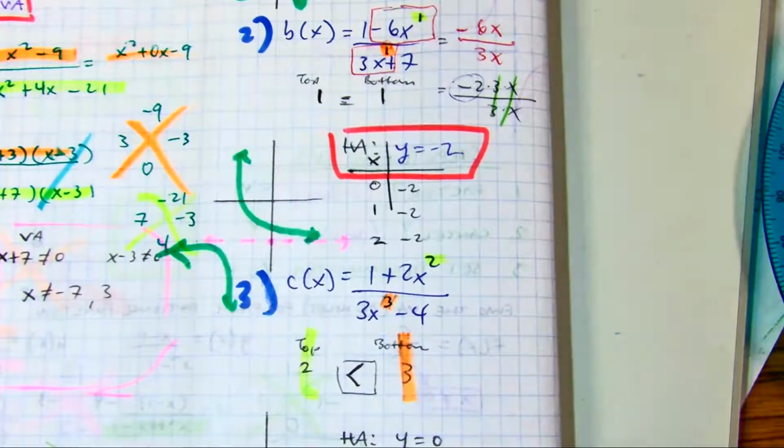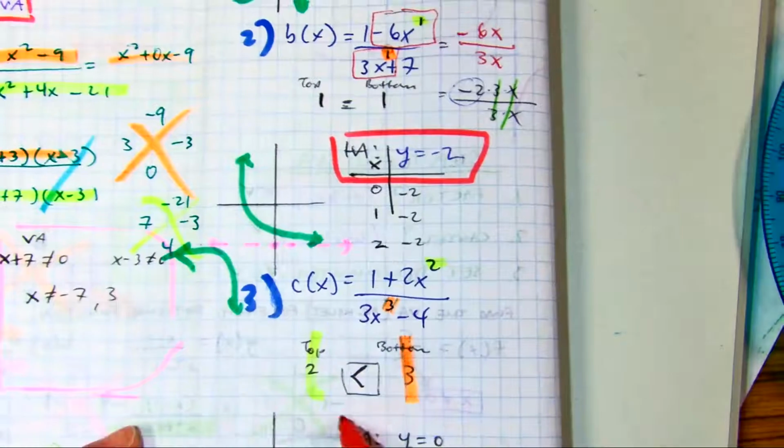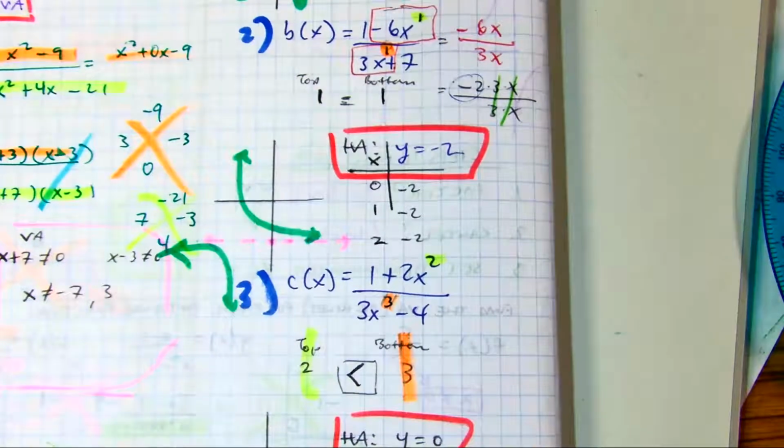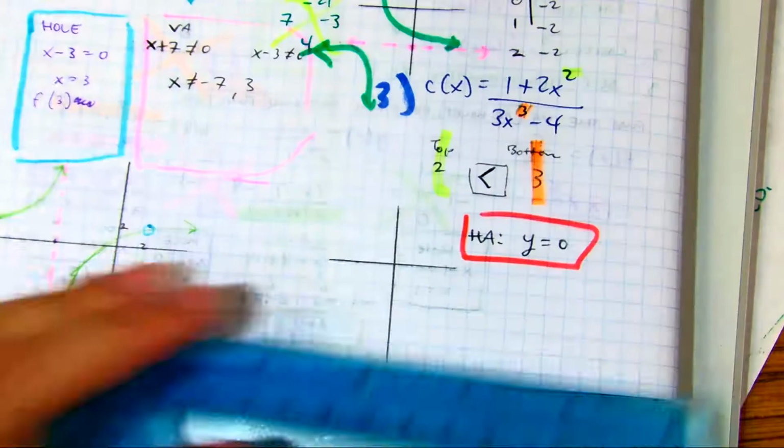Let's put it in a red box. Quick visual. That means it's actually on the x-axis itself.